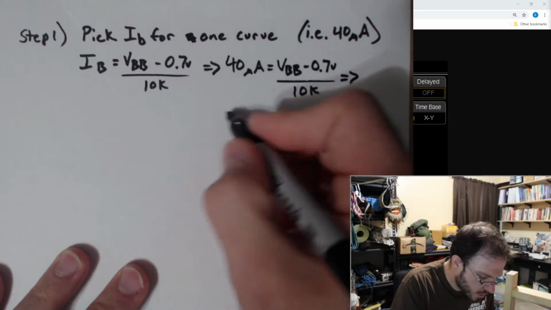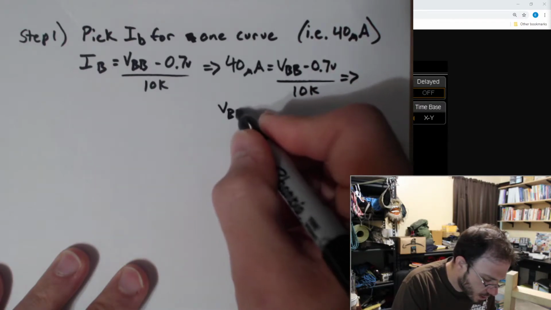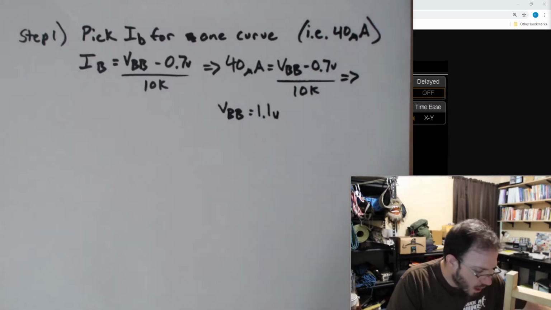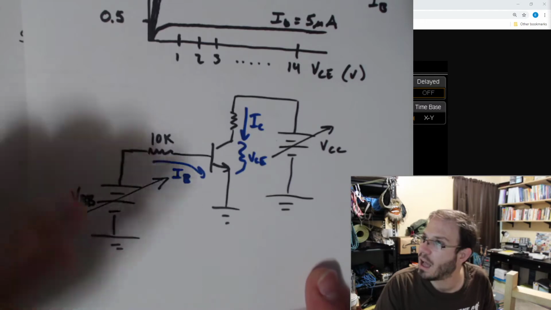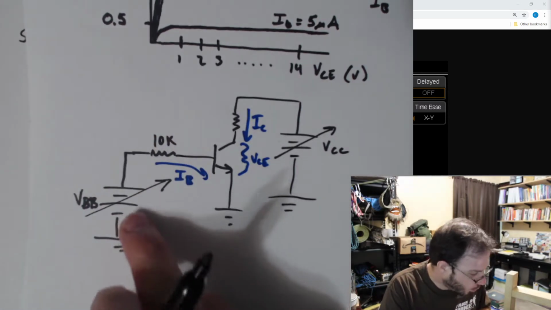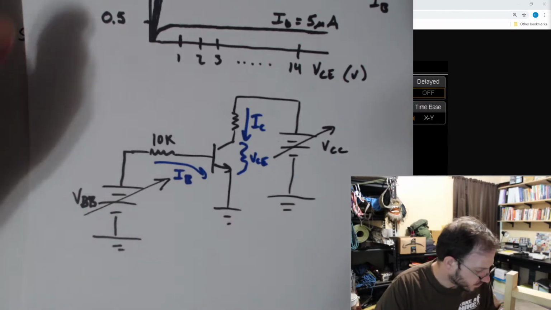And therefore, if you solve this, VBB will be equal to 1.1 volts. So we adjust our power supply to set this at 1.1 volts.